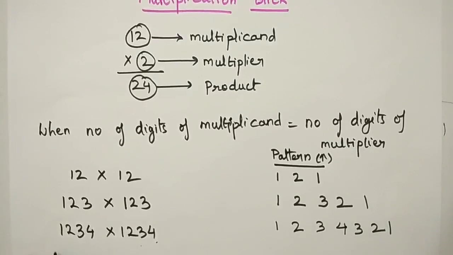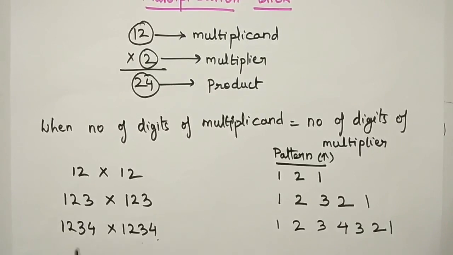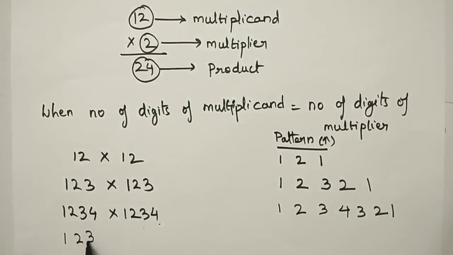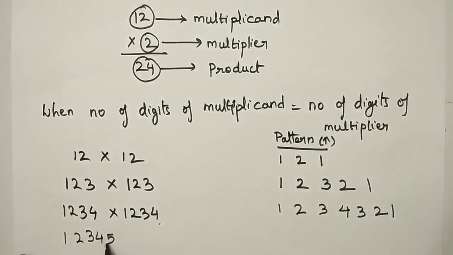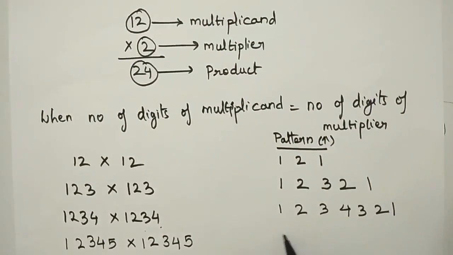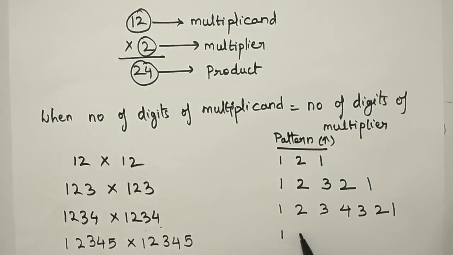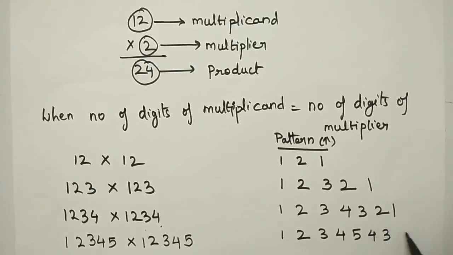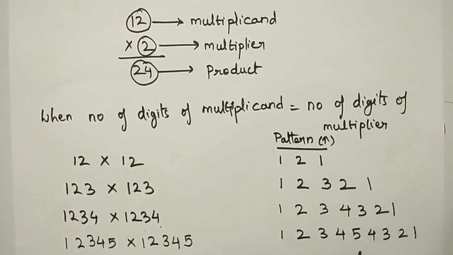Okay? Similarly, 1, 2, 3, 4, 5 into 1, 2, 3, 4, 5. That is, the multiplicand has 5 digits and the multiplier has 5 digits. In that case, the pattern of the arrow will be 1, 2, 3, 4, 5 and now you have to return back. That is 4, 3, 2, 1 and so on.